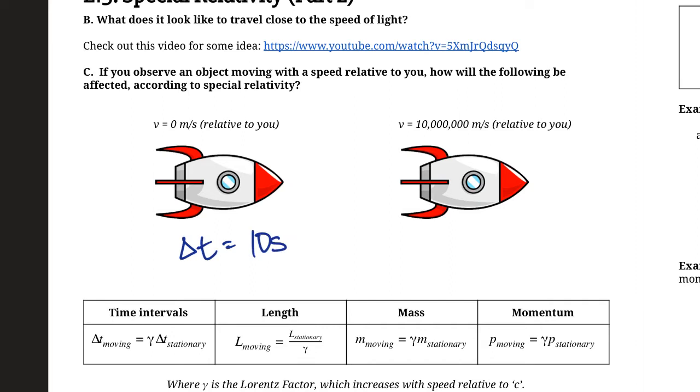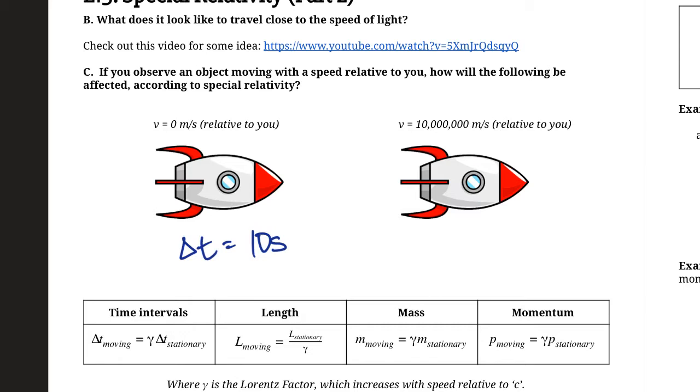Now, as this other spacecraft zooms by, if you could sort of look into that spacecraft and see a clock on that spacecraft, what it would look like to you is that time has basically sped up for it.